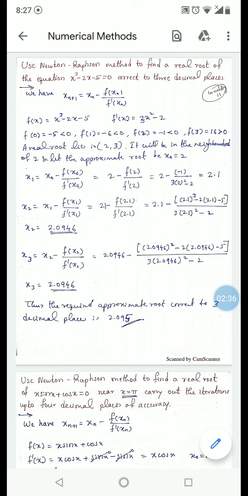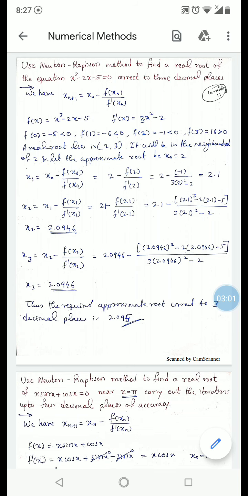We get x3 is equal to 2.0946. So compare the x2 and x3 answers, both are the same up to 3 decimal places, that is 2.0946, 2.0946. Therefore the required root is 2.0946 or 2.095. So this is the Newton-Raphson method to find the solution.